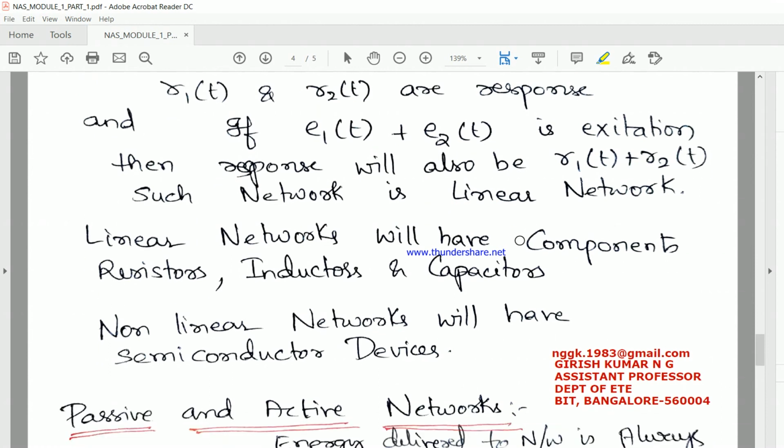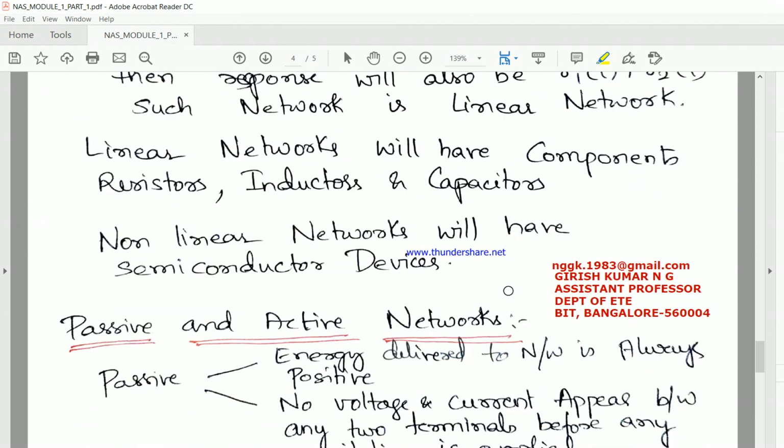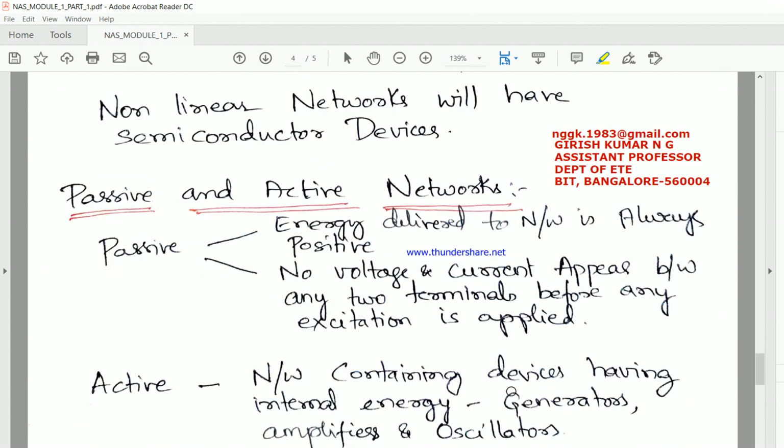Coming to passive and active networks. In a passive network, the energy delivered to the network is always positive, and no voltage or current appears between any two terminals before any excitation is applied. So before applying any excitation, there will not be any response until the excitation is applied.